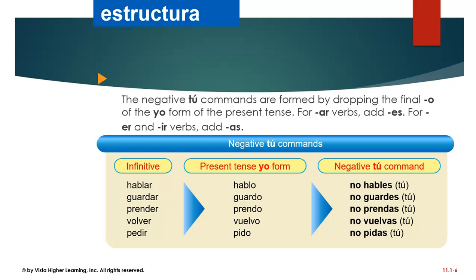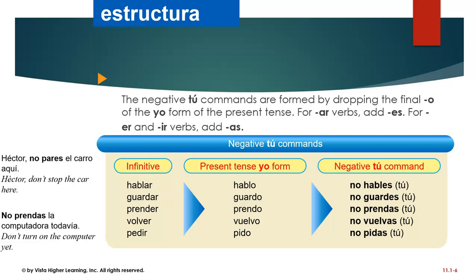Because we started with hablo, we dropped the O, and we added the es. So no hables, no guardes, no prendas, no vuelvas, no pidas. Okay? So some examples like, Héctor, no pares el carro aquí. Okay? So don't stop the car here. Or no prendas la computadora todavía. Don't turn on the computer yet. Okay?